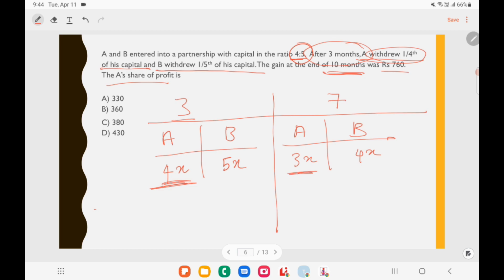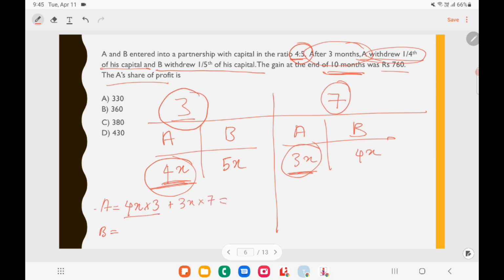So here now you need to see what is the contribution of A and what is the contribution of B. Okay. So what you need to do is multiply the months with the capital. That is 4x into 3. Then for the next 7 months it's 3x into 7. So what you will get is 12x plus 21x, it is 33x.